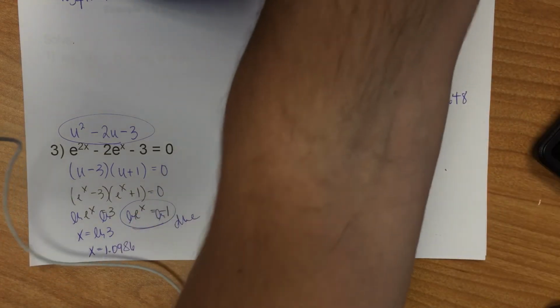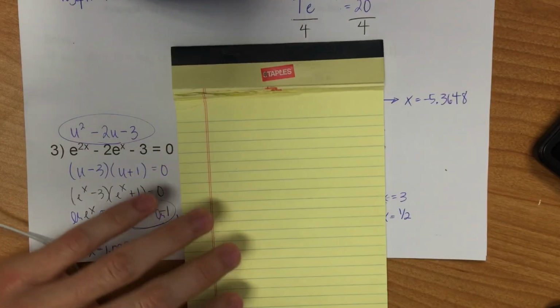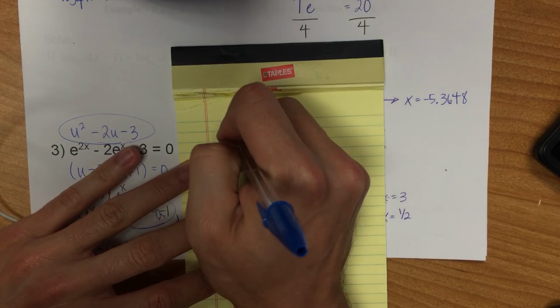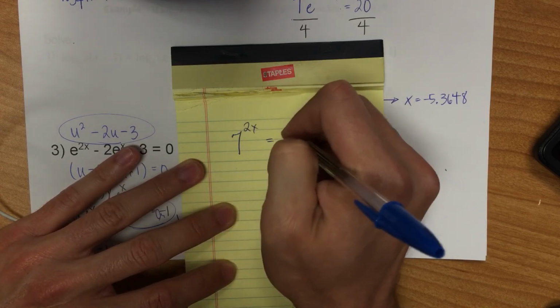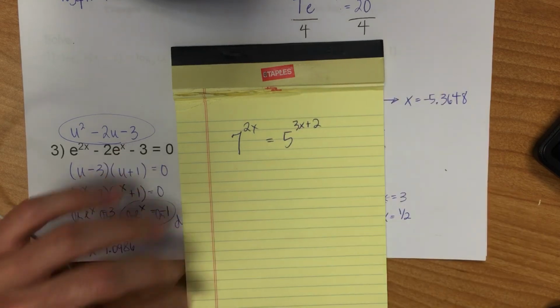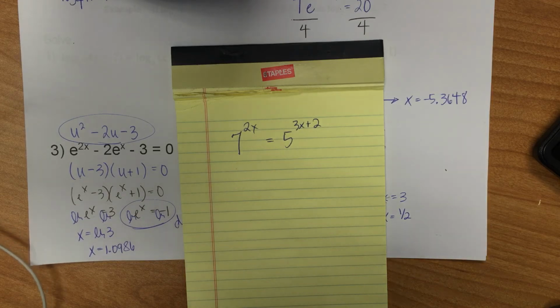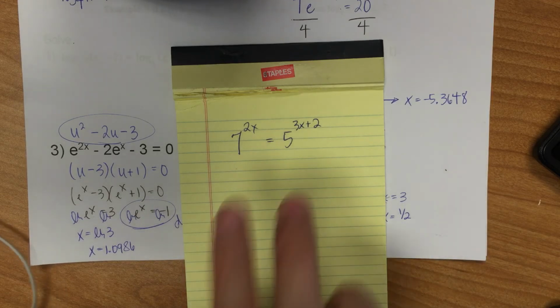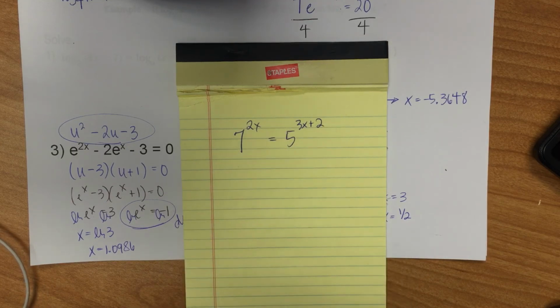One more kind of problem we need to talk about, and it's the most complicated version. So let's talk about something like 7 to the 2x equals 5 to the 3x plus 2. Okay, so this looks very complicated, and the reason why it should look complicated to you is because these bases are not the same, so I cannot just set the powers equal.